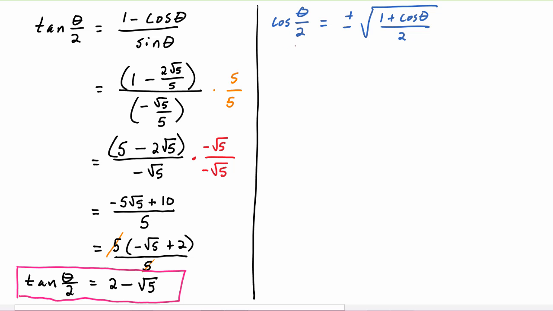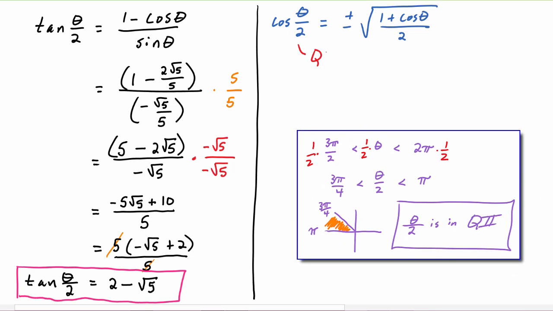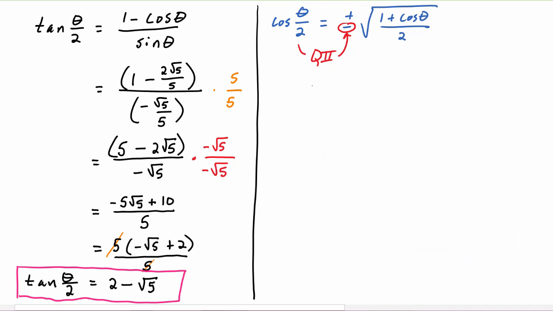Remember, we discovered that theta over 2 was in quadrant 2, and in quadrant 2, we know that the cosine has to be negative. So this is going to become negative square root of 1 plus the cosine of theta we said was 2 radical 5 over 5, and that whole numerator has to go over 2.